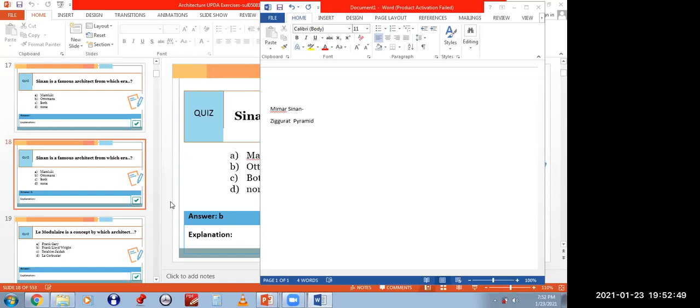The materials used to construct a pyramid, any guesses, anybody? The most common material that was available in Egypt was limestone.